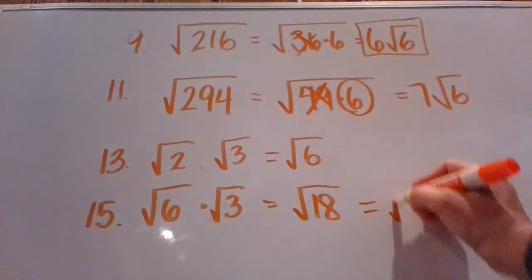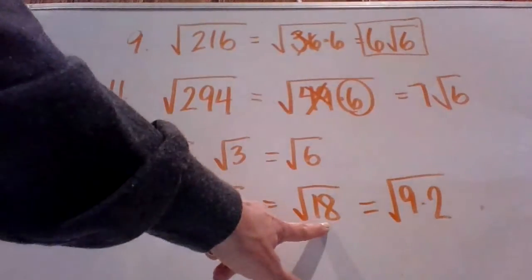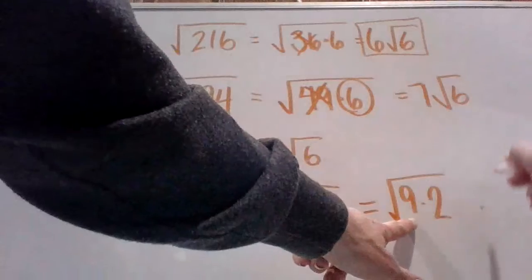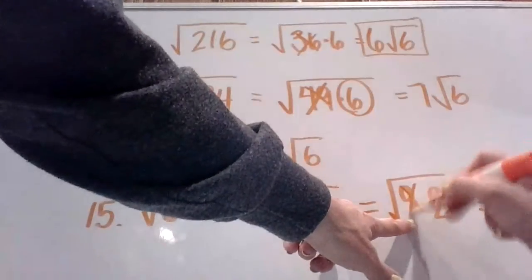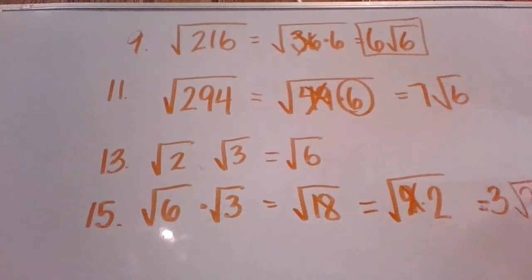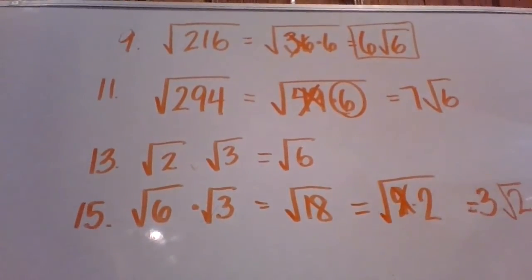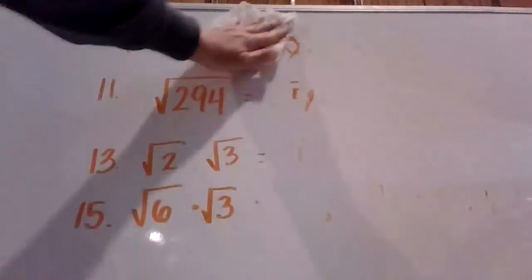But I do know that 9 times 2 equals 18, and 9 is a perfect square. So the square root of 9 is 3, and that gets pulled out, and what's left on the inside is 2. All right, let's go on.